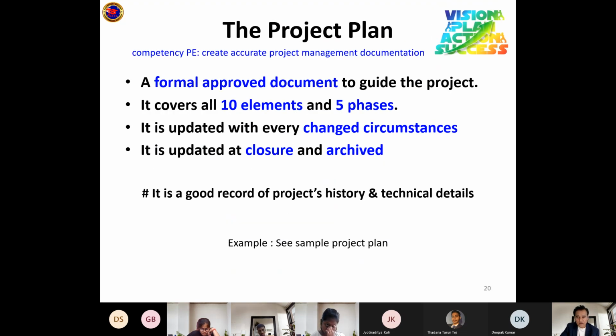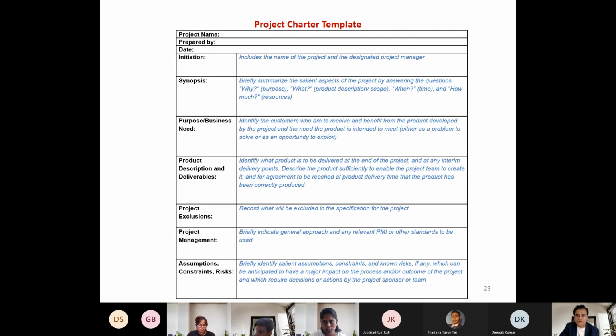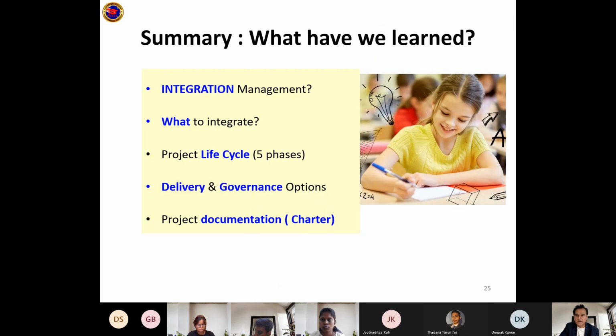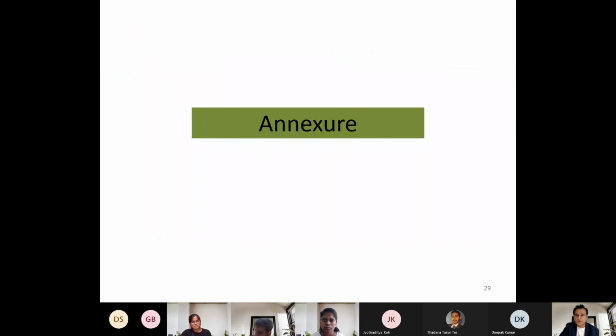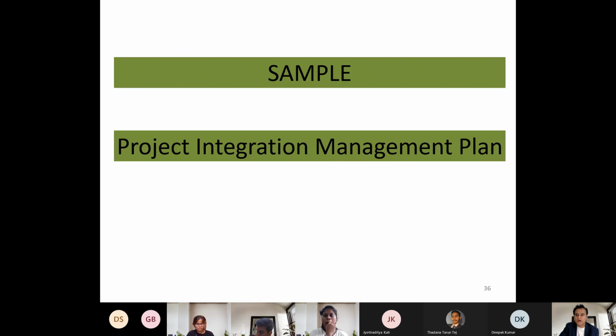And I mentioned the project plan comes after the charter is signed off. It will have 10 sections and all the 5 phases. Now, I'm going to give you a template for the project plan.